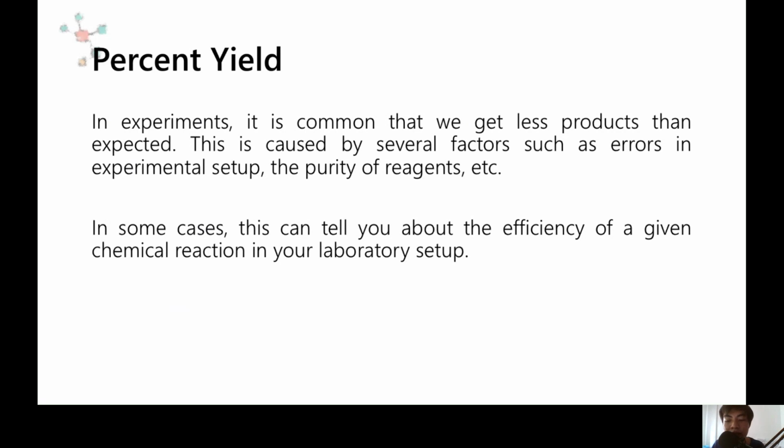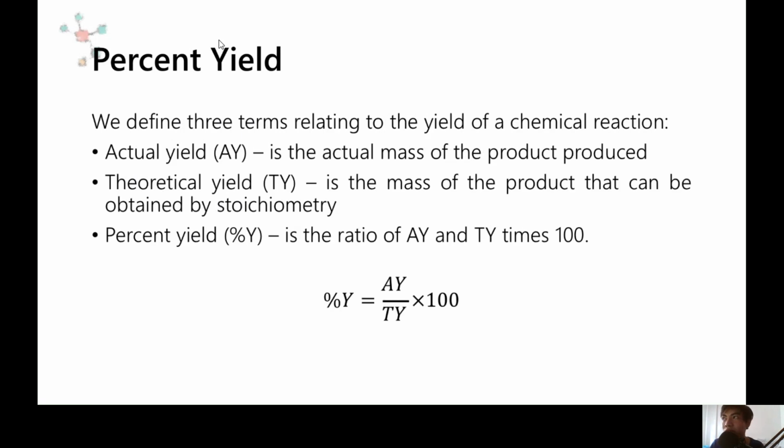Okay? So, in doing percent yield problems, we have to define three terms. Tatlo lang yan: AY, which is the actual yield, TY, which is the theoretical yield, and percent Y, the percent yield. So itong percent yield tells us about the ratio of our actual yield and the theoretical yield in percentage, or times 100.